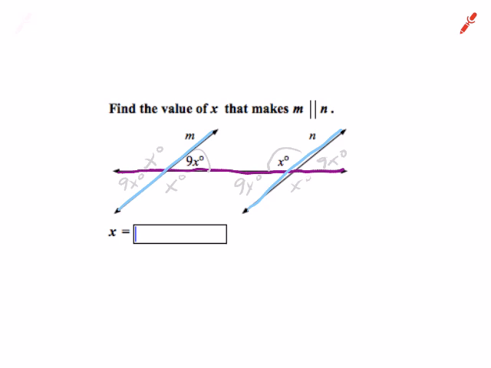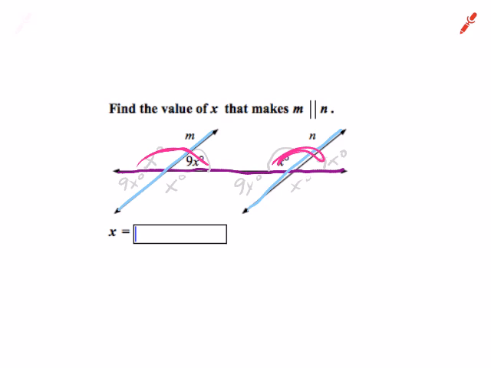Okay, so some of that information isn't necessarily helpful to us, but we're going to use some of these things to figure this out. So to find what x is, we're going to look at this right here, or this right here, either one, or actually the bottoms as well.